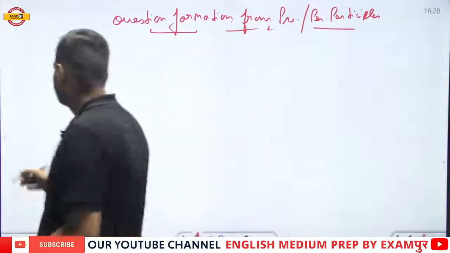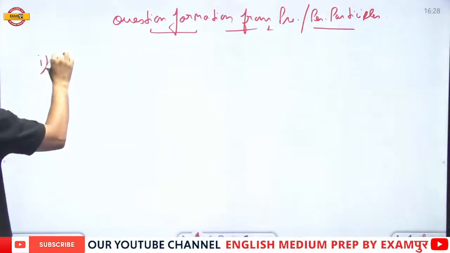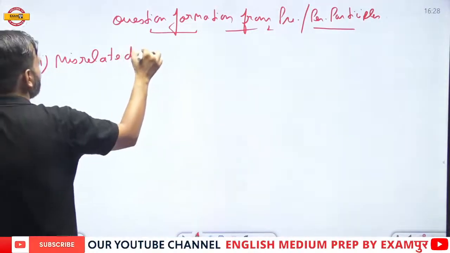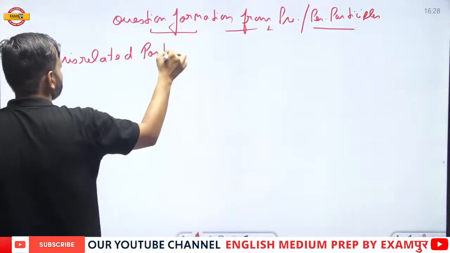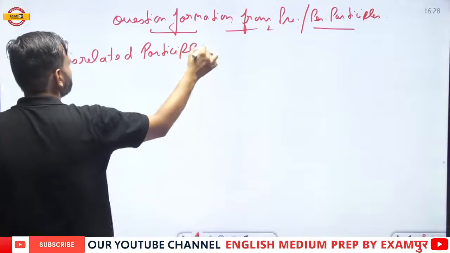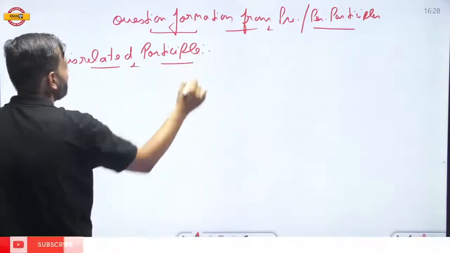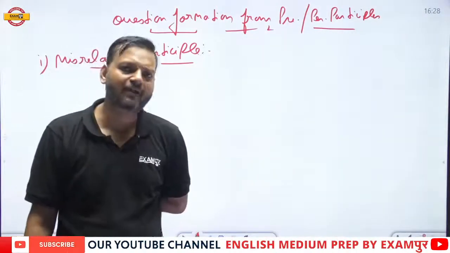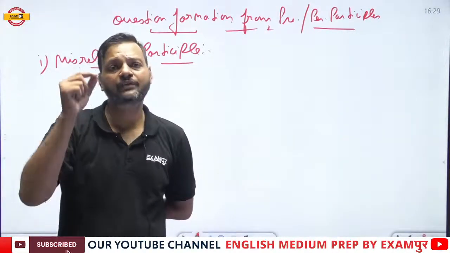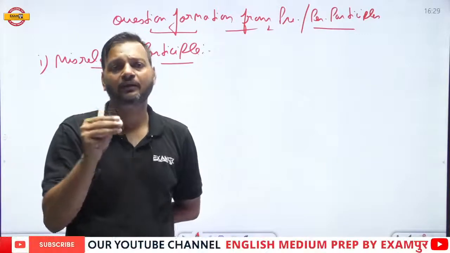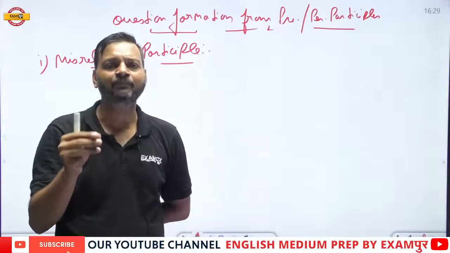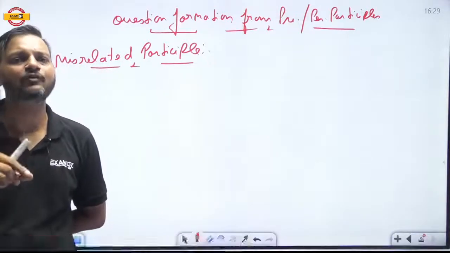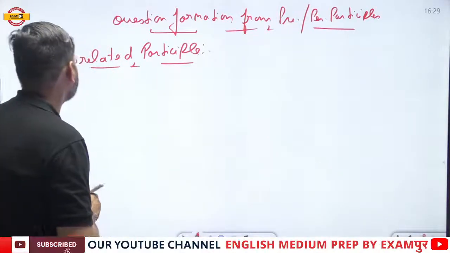So, first thing is misrelated participle. Now what is misrelated participle? Suppose you have a sentence which has been started by a participle and subjects are not matching, then the sentence will be wrong. Let's see an example.